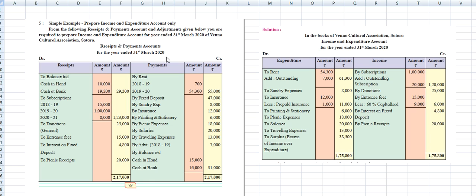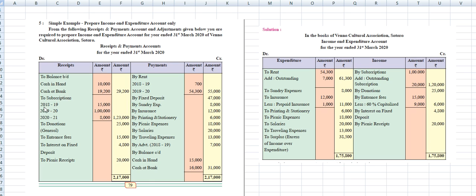The receipts and payment account for the year ended 31st March 2020 starts with the balance brought down, cash in hand and cash at bank, on the receipts side. Cash in hand and cash at bank together come to 29,200 rupees. For subscription, we need to take the current year amount.